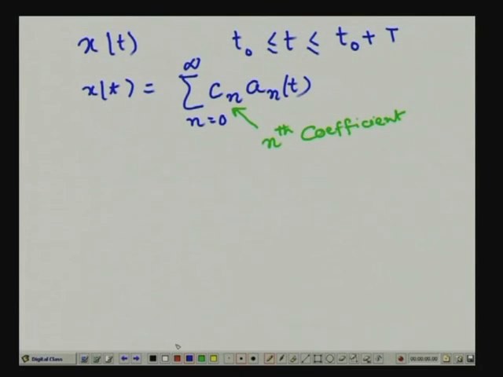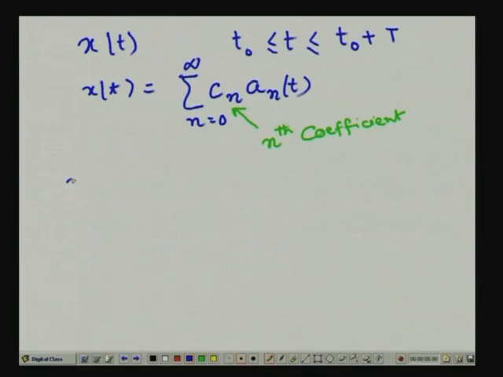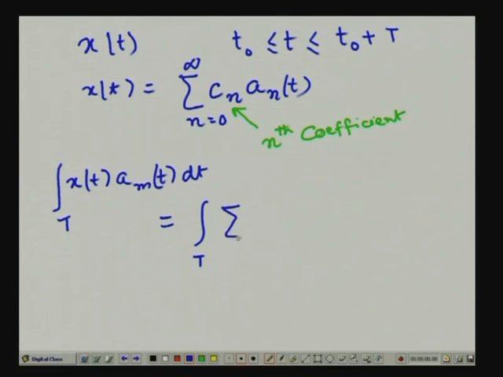So, we multiply both sides by a function say a_m(t) and take the integration over the interval capital T. What we get is the integral over T of x(t) a_m(t) dt, which is equal to the integral over T of the sum of C_n a_n(t) into a_m(t) dt.